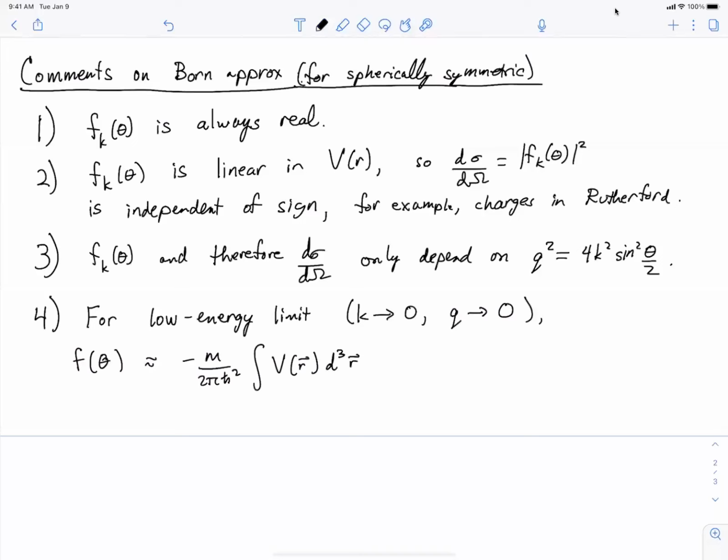In fact, this doesn't care if it's spherically symmetric or not. Right, so that's just some integral, but it doesn't depend on the angle. In our case, it's just this integral. Okay, and so this does not depend on theta.